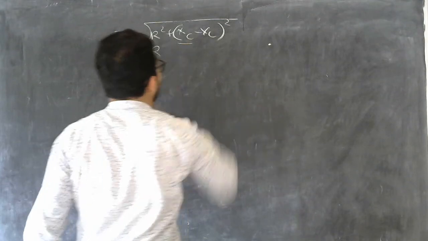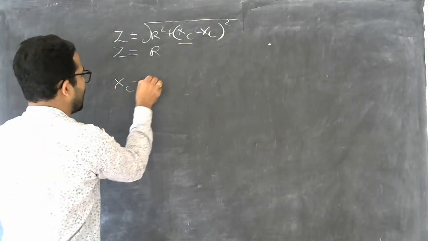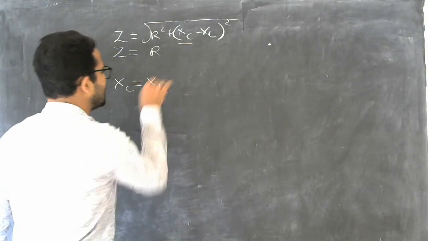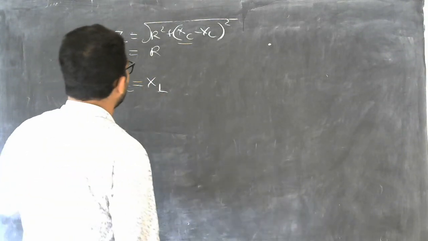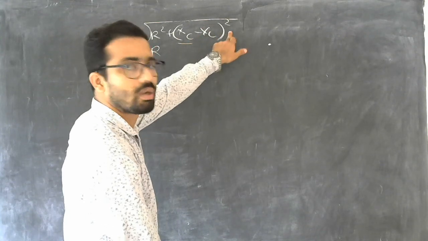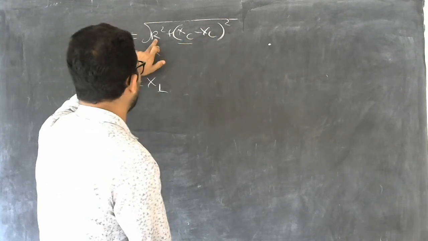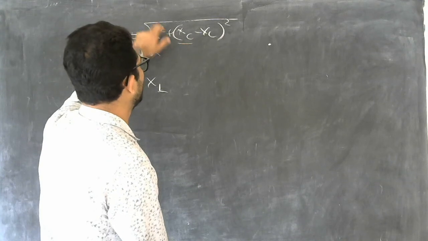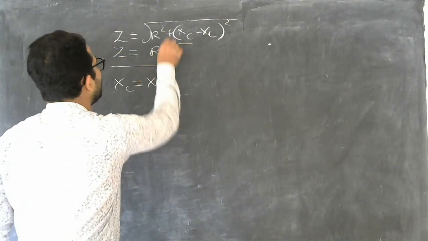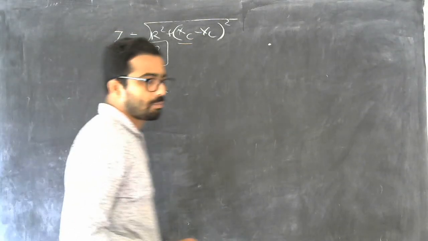If we put XC equal to XL, then this whole term will be equal to 0 because these are equal, and the square and the root cancel each other. So that is why we will get Z is equal to R.